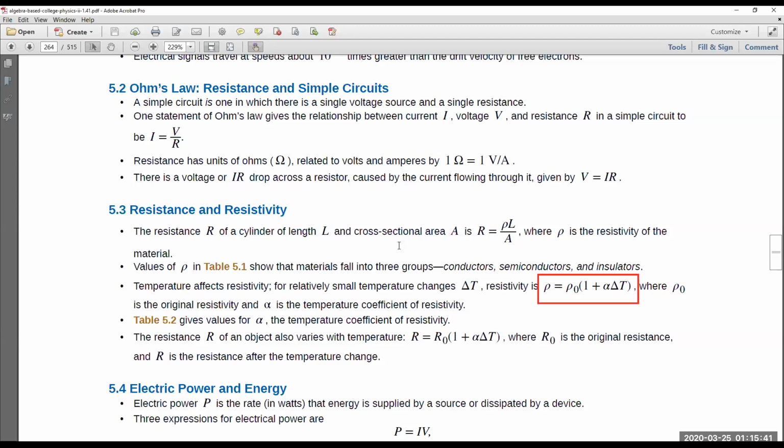The rho sub 0 is the resistivity at room temperature, and the other resistivity, rho, is the resistivity at any temperature. And delta T, of course, is the change in temperature.